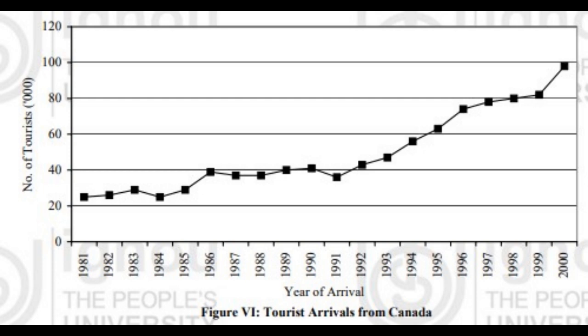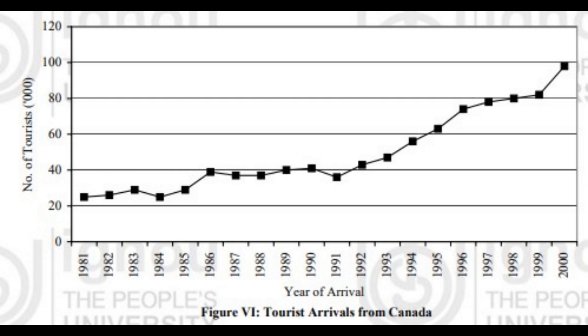The year 2000 ended with an increase of 18.5% over 1999. Year-wise arrivals are given in Table 4. The following graph exhibits yearly trends in the tourist arrivals from this country. Figure 6.